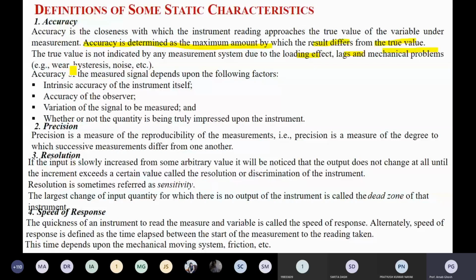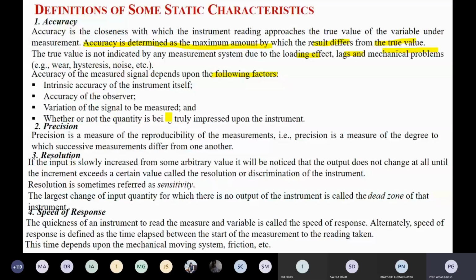So the accuracy of the measured signal depends upon the following factors: intrinsic accuracy of the instrument itself, accuracy of the observer, variation of the signal to be measured, and whether the quantity is being truly impressed upon by the instrument.